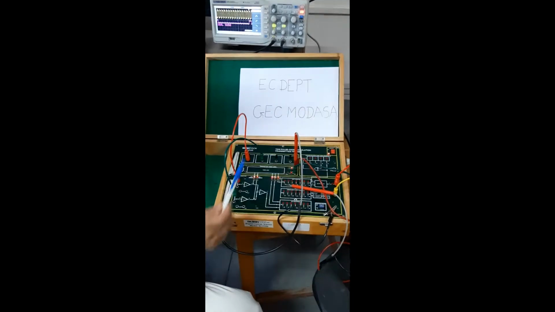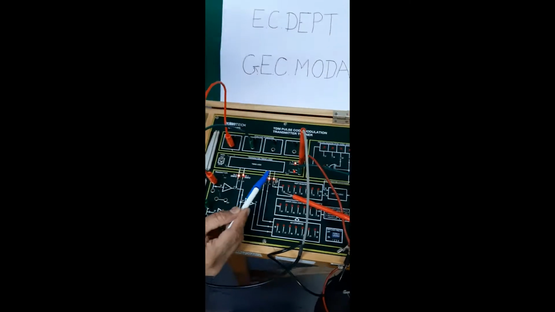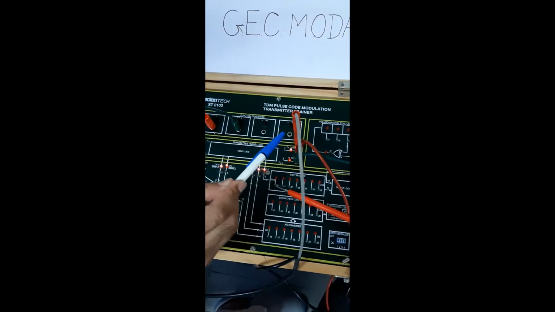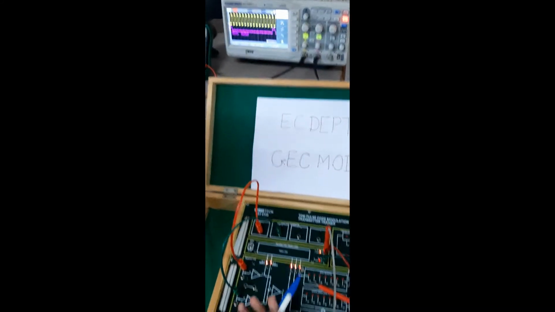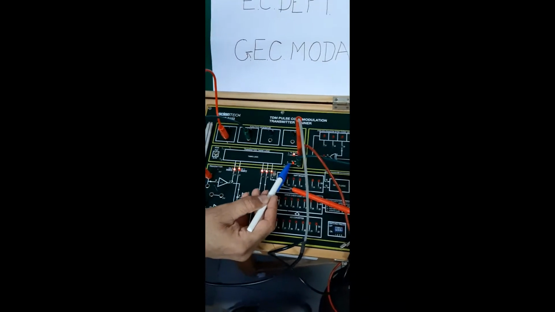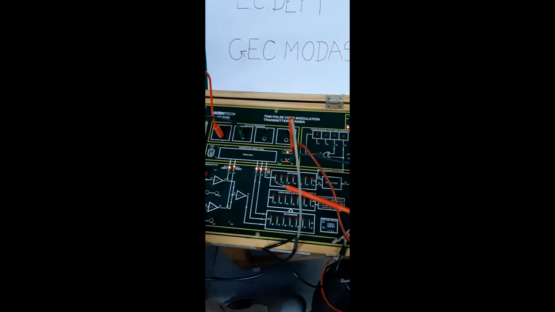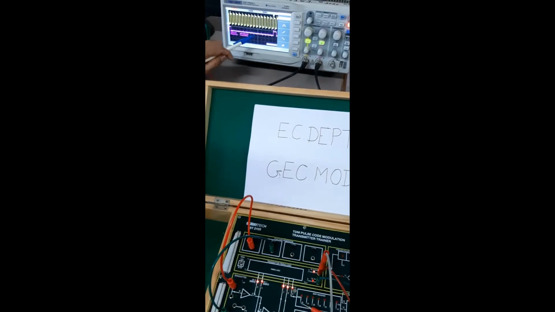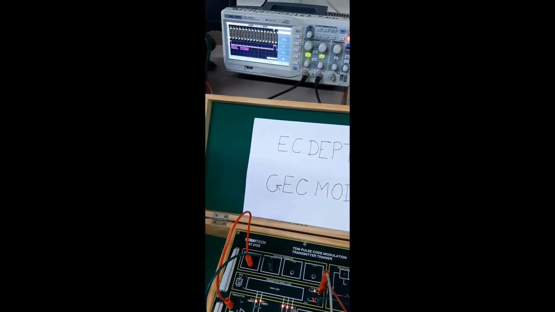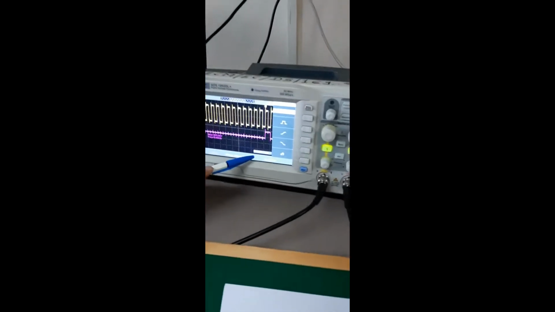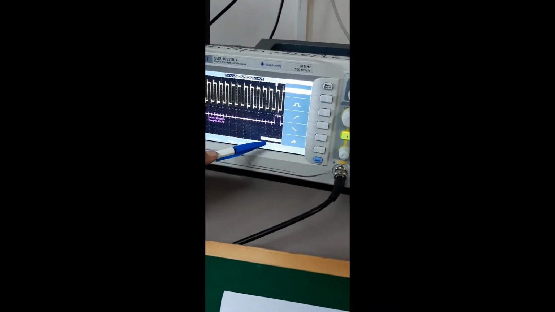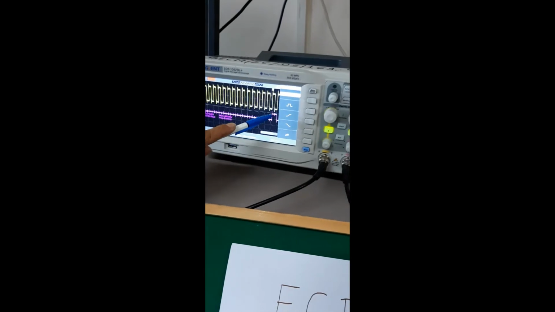As you can see, I have connected the output from the transmitter clock via probe into channel 1 and the output from the transmitter T0 bit to the second channel on the oscilloscope, and the frequency at which this is working is approximately 16 kilohertz.